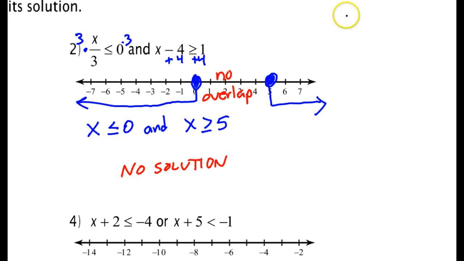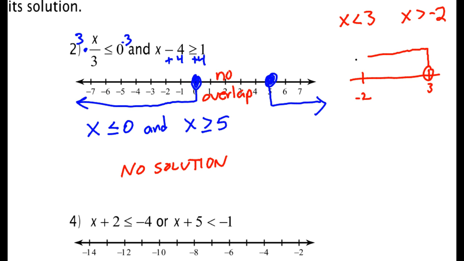Okay. Here's what I mean. Typically, you'd see x is less than 3 and x is greater than negative 2. If we graph this, you say, okay, x is less than 3. That would look like this. All right, x is greater than negative 2. That would look like this.